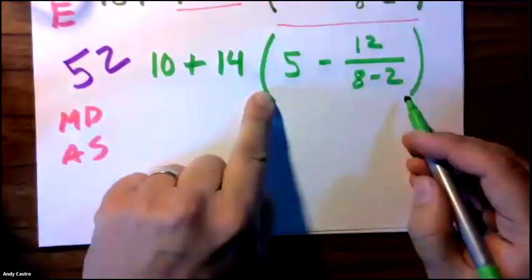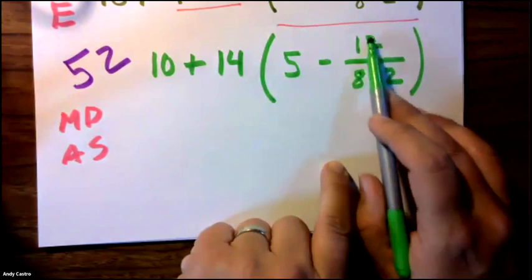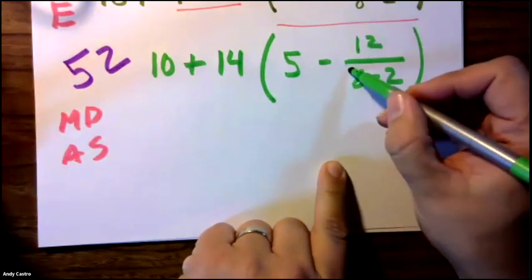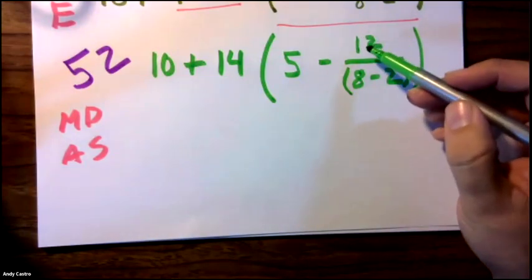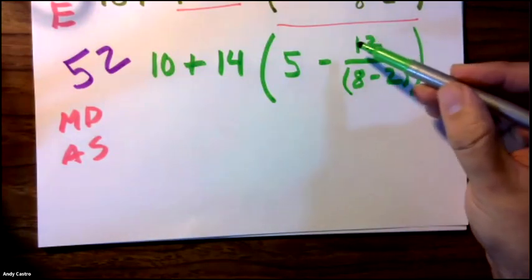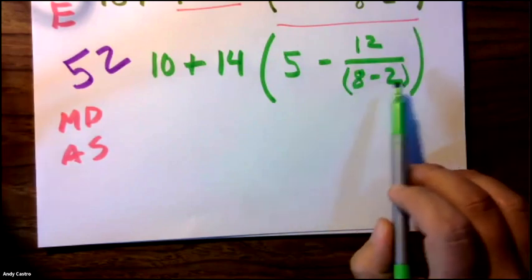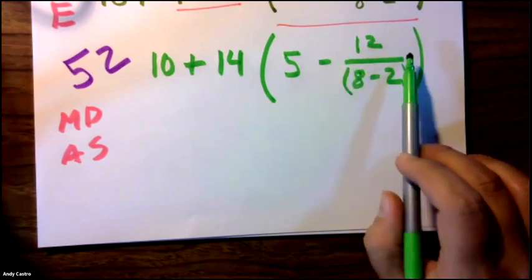Next, I have parentheses again. Inside, I have 5 minus, and then I have dividing. But remember that this line, this vinculum, implies parentheses, top and bottom. On top, I only have one number, so I don't need to do any operation there. My next operation is down here because these are parentheses, which is what's implied by that vinculum.